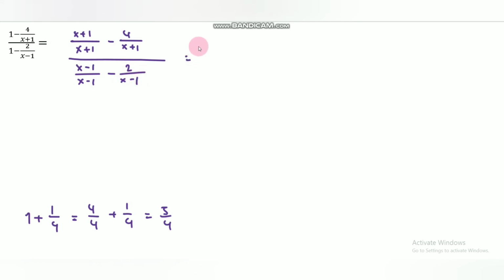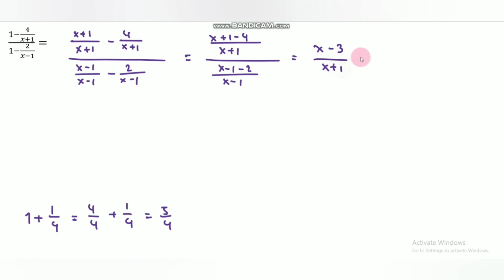So in the end, I have x plus 1 minus 4 over x plus 1 divided by x minus 1 minus 2 over x minus 1. Since we are talking about division, and I simplify everything, it is x minus 3 over x plus 1 divided by x minus 3 over x minus 1.